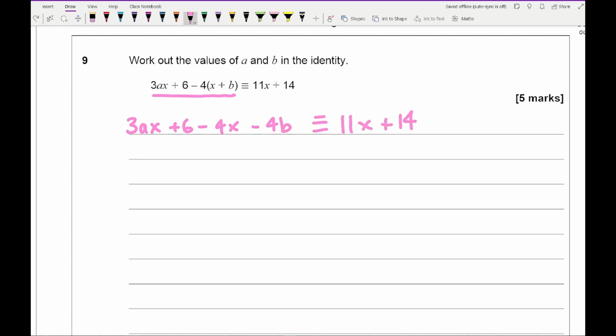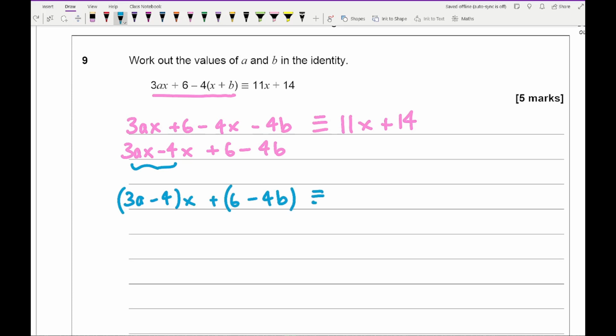Now if I collect all the things with x's first, so that's 3ax minus 4x plus 6 minus 4b, and then factorise this, in which I factorise with respect to x, so I've got (3a minus 4)x plus 6 minus 4b, and just pull that in brackets, and that's 11x plus 14.